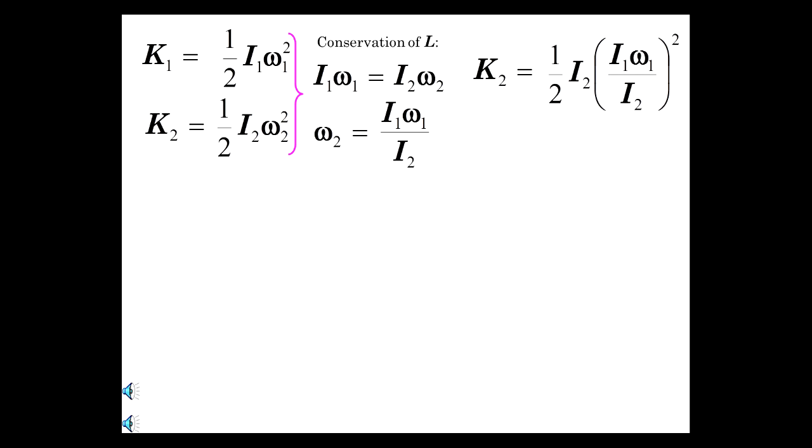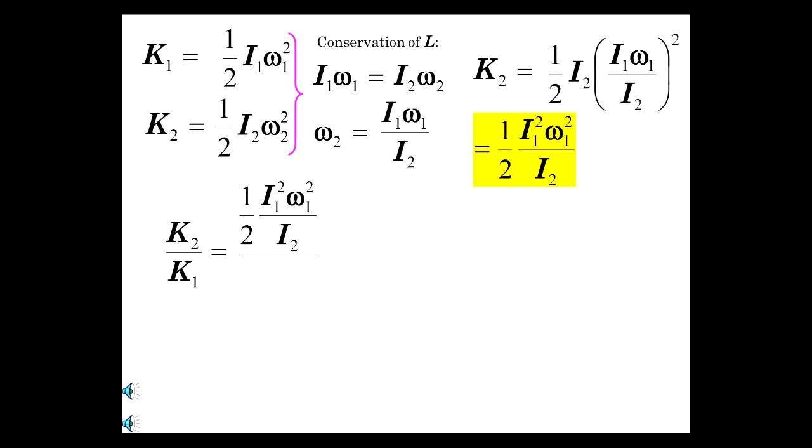So K2 is 1/2 I2 omega 2 squared. That's 1/2 I1 squared omega 1 squared over I2, because one of the I2's canceled. And so we have the ratio of K2 over K1, the new K2 we just got over the K1, which is here.